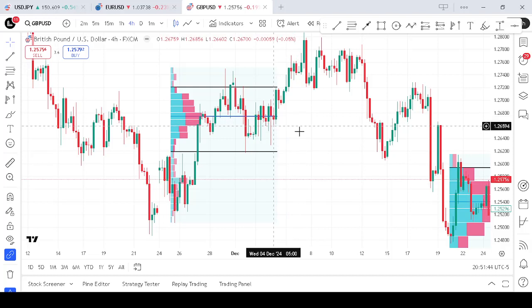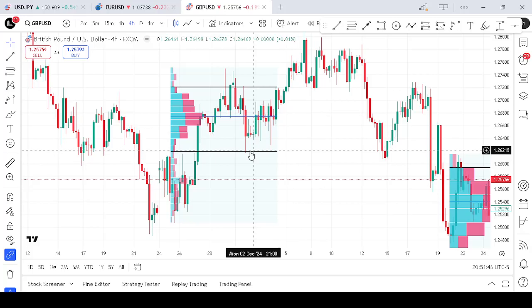Similarly, when price drops below the value area low, we watch out for bullish reversal patterns. You combine this with oversold conditions, and you have to watch out for a bullish reversal pattern.